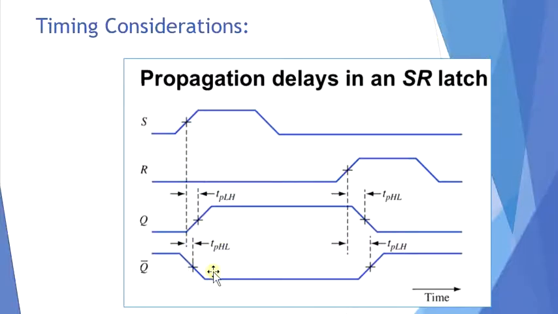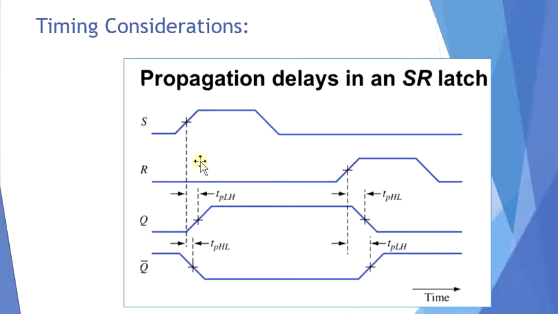The finite slopes of the rising and the falling edges of the signals are shown since their midpoints are used in the specification of the delay times. This particular figure shows the effect of first setting and then resetting the SR latch.